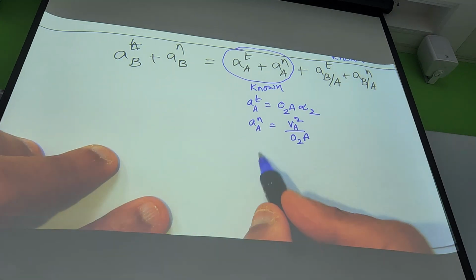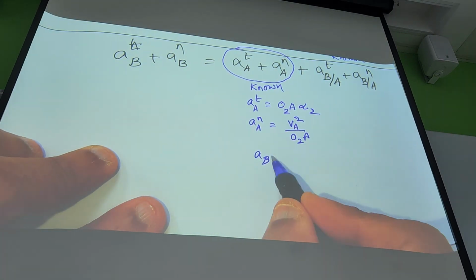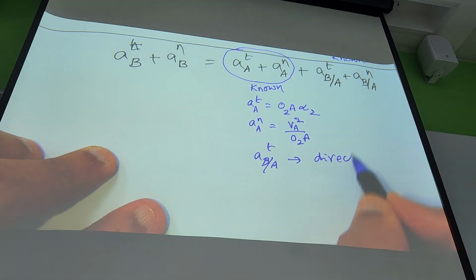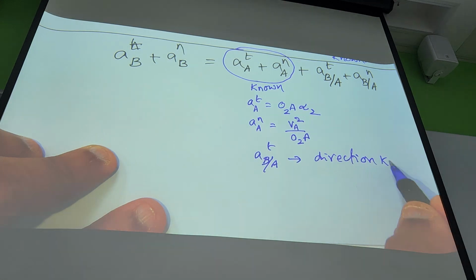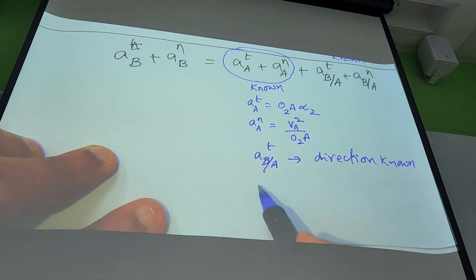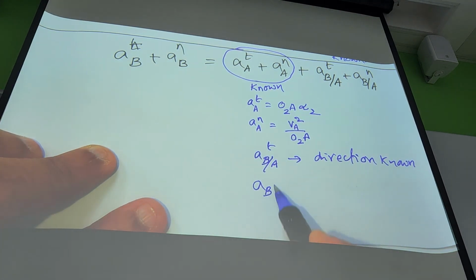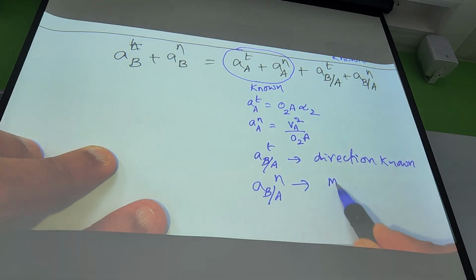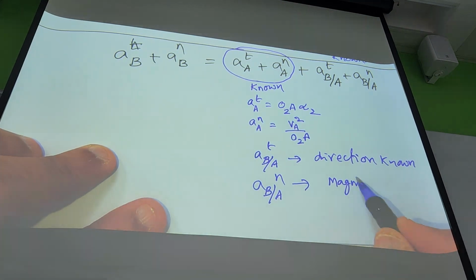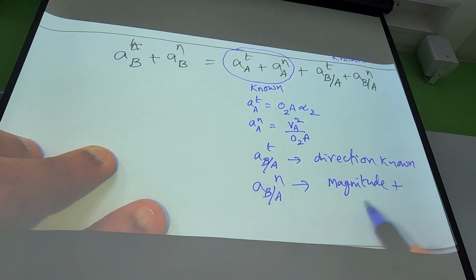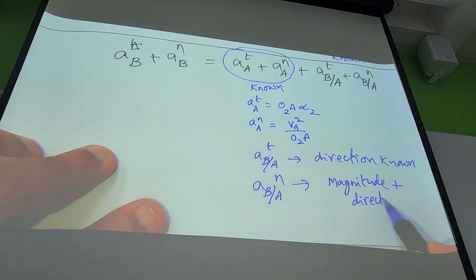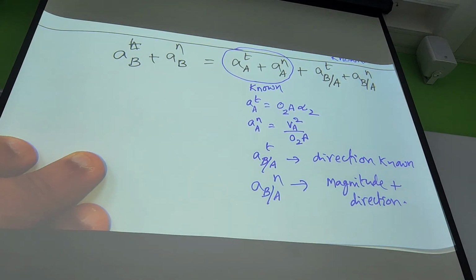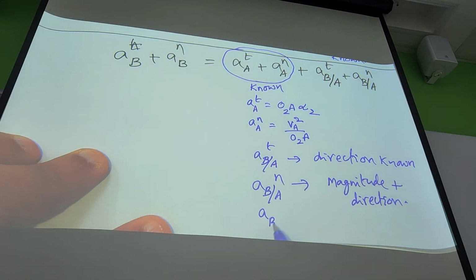Then BA tangent, direction normal. Then BA normal, so both magnitude and direction. So B normal, we know both magnitude and direction.